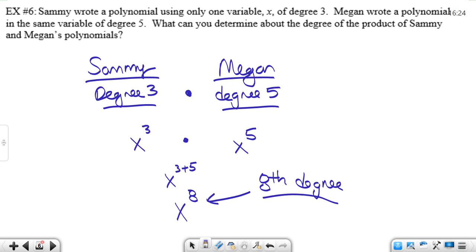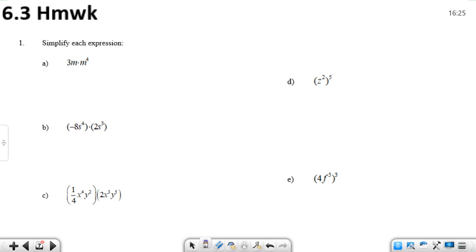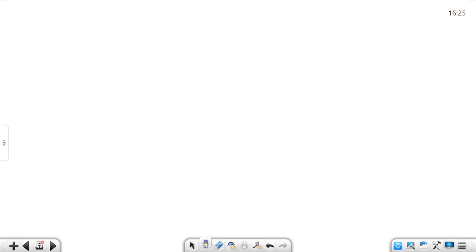So guys, we learned 3 new rules today, and I'm going to add a new page in here and recap this really quick. Remember that when we multiply like bases, x to the a times x to the b, we add those exponents together.